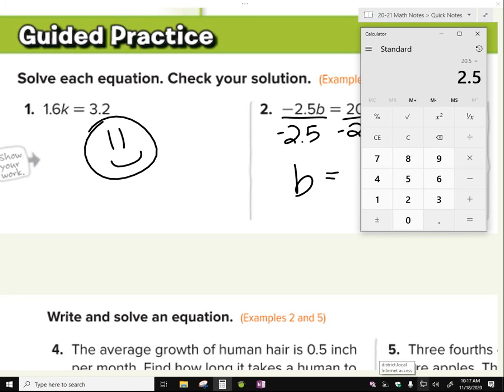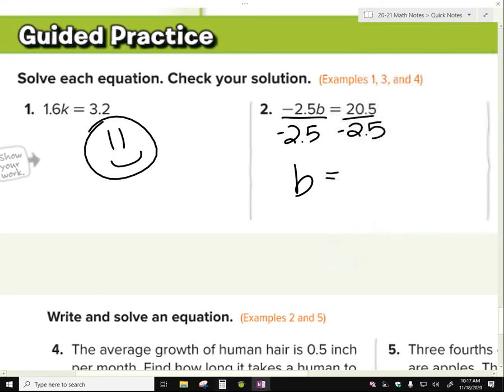I'm not taking the time to put a negative in my calculator because I know that my solution is going to be negative. So it's going to be a negative 8.2.